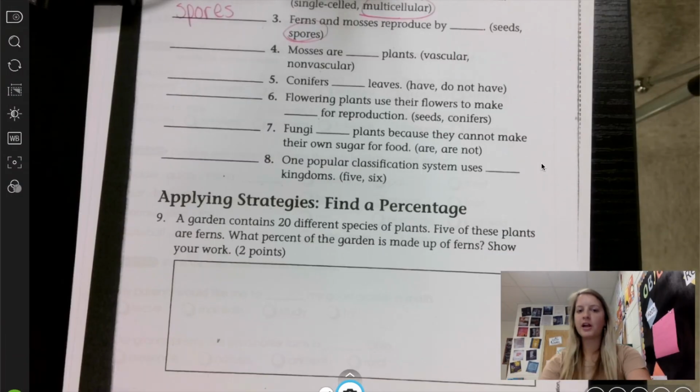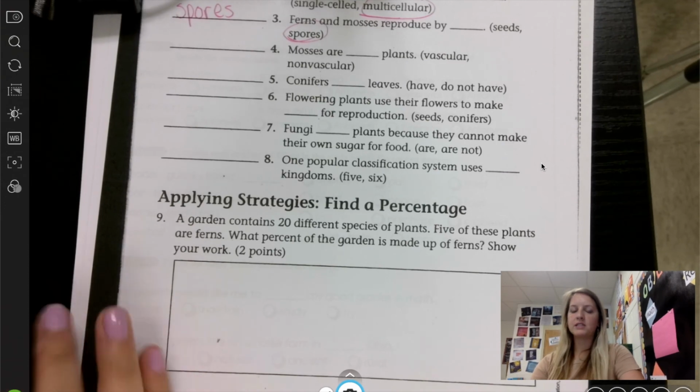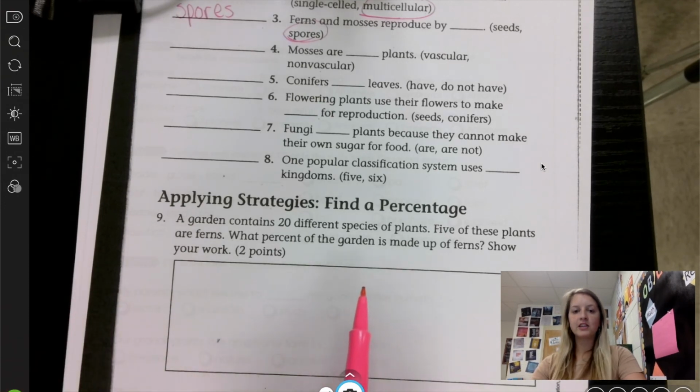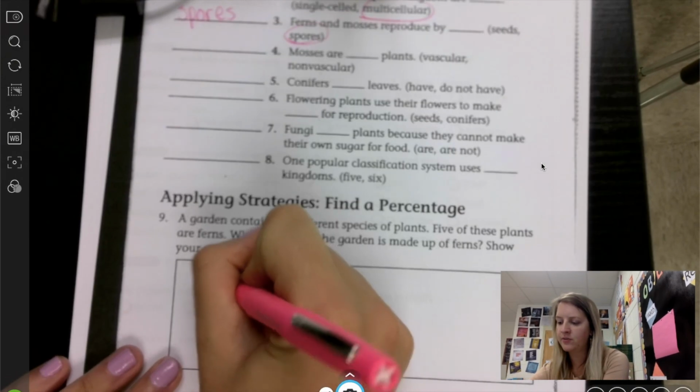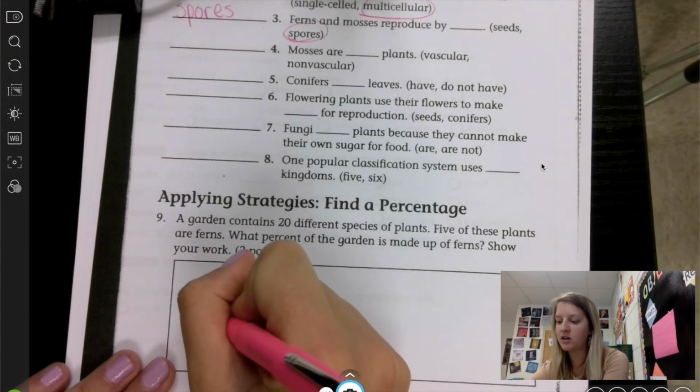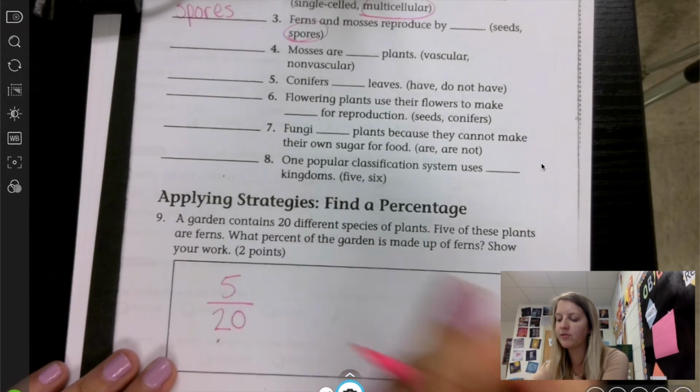So number 9 is one that I want to help you out with. It says a garden contains 20 different species of plants. 5 of those plants are ferns. What percent of the garden is made up of ferns? So I know that 5 out of the 20 are made up of ferns.